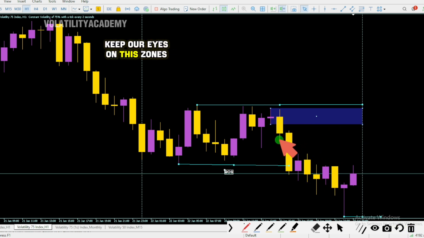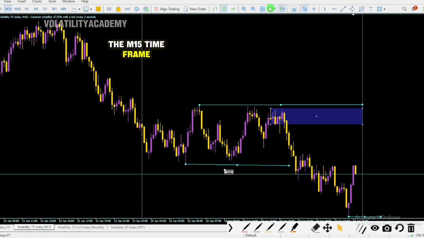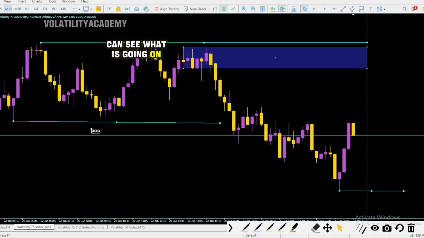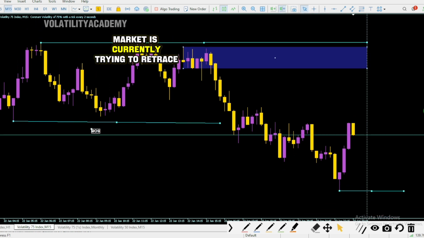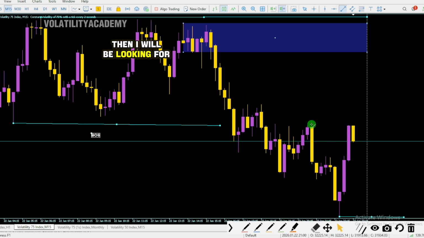Now on the H1, I have marked my supply zone. Now I will go down to the M15 time frame. On the M15 time frame, you can see what is going on. Market is currently trying to retrace, and if market retraces, then I will be looking for sales.